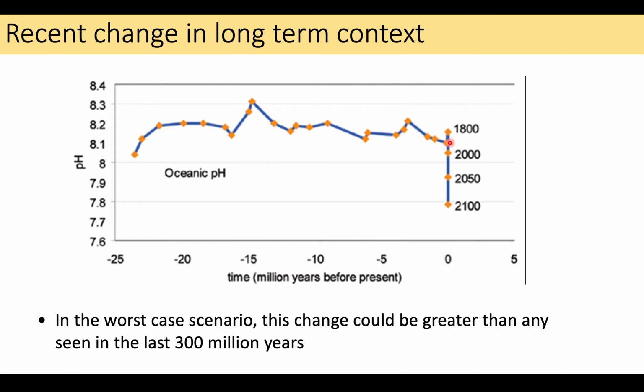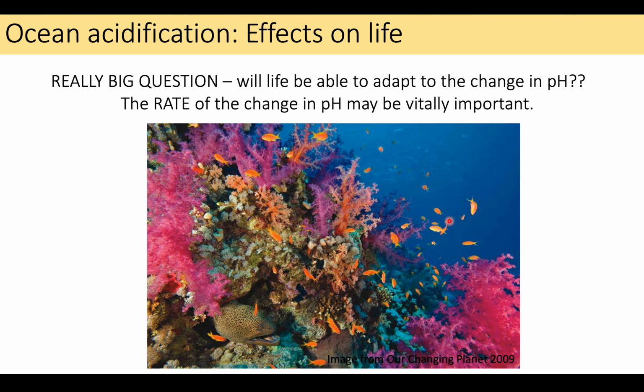However, right now we are seeing very significant decreases. And if we're looking out in time to 2100, the projections show a change greater than anything we have seen in the last 300 million years. So this would be a very big change for our oceans, and it's happening quite quickly.